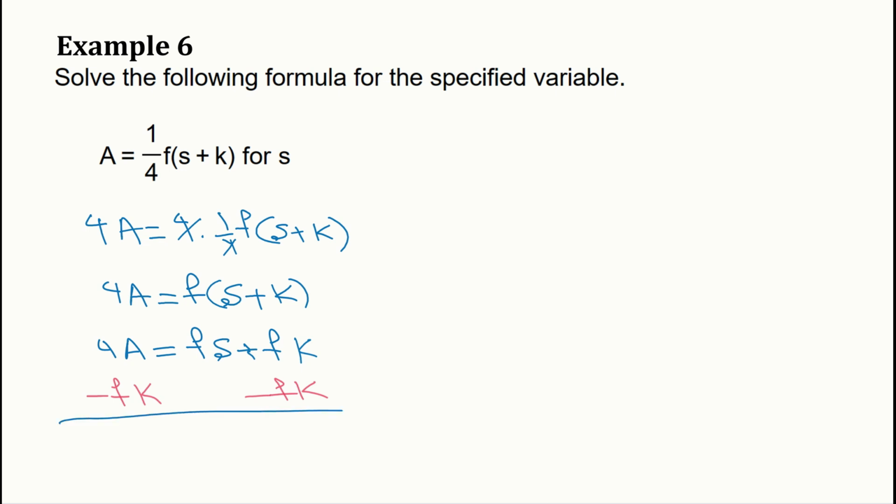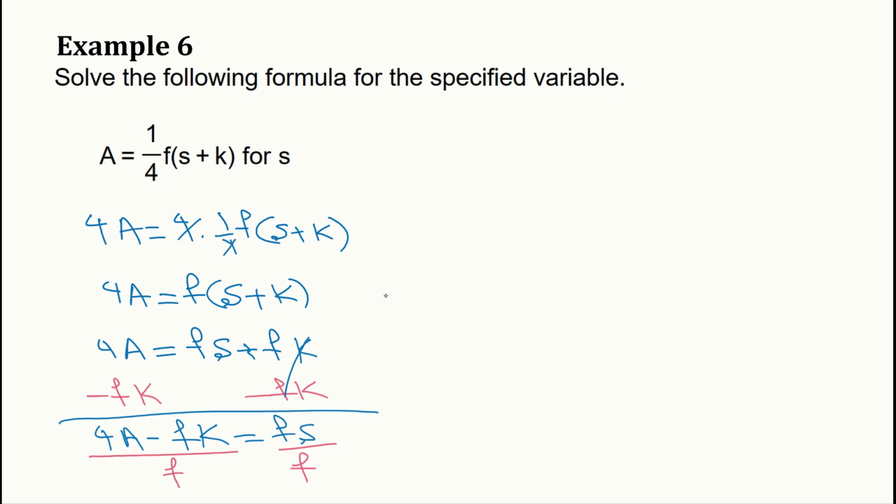So now we have 4a minus fk equals, and of course these two will cancel out, so we just get fs on the right side. Now we're almost there. We want to solve for s, so we just need to divide off the f. So we'll go ahead and divide both sides by f.